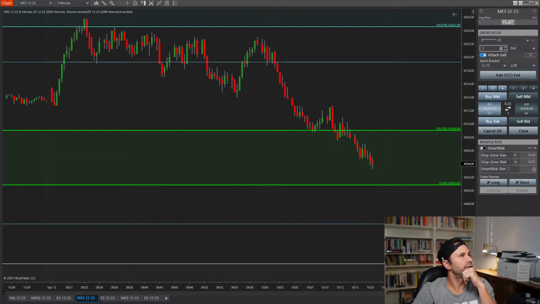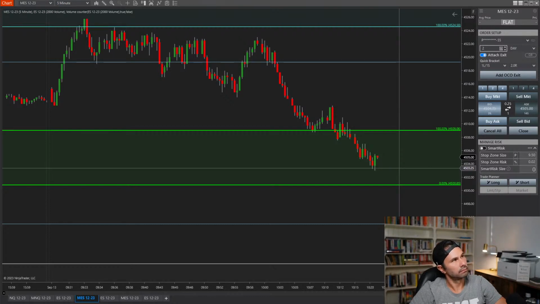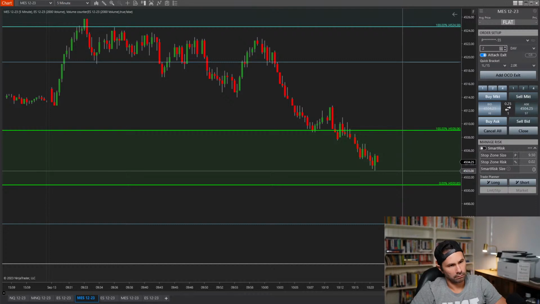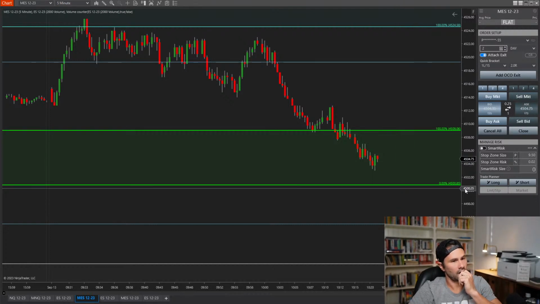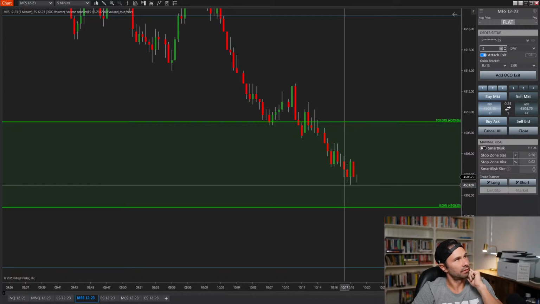Let's see if we have any type of signal here. Buyers are trying to push, but they have no strength. Sellers are stronger there.